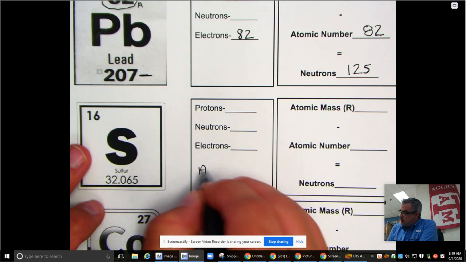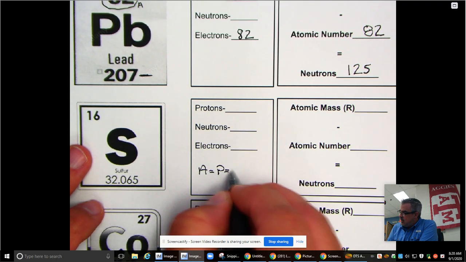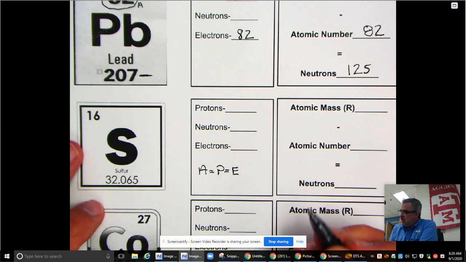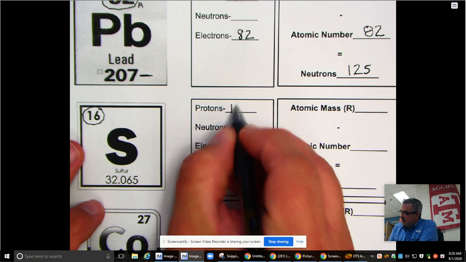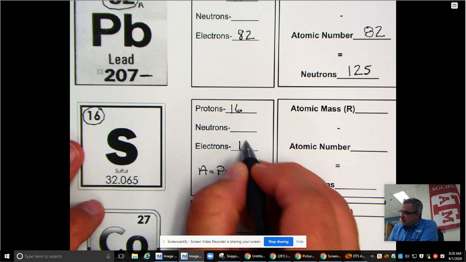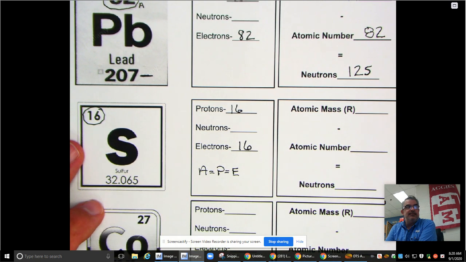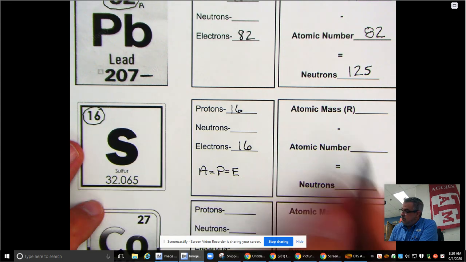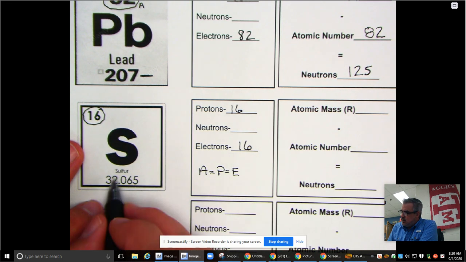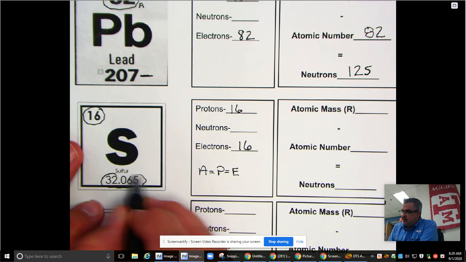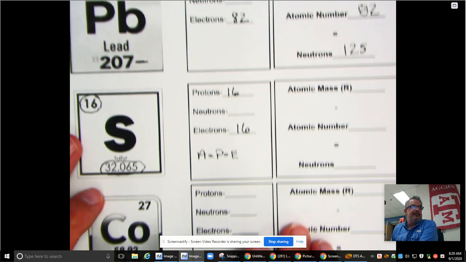Again, A equals P equals E. Here is your atomic number, so that automatically gives us 16 protons and 16 electrons. For the neutrons, we need the atomic mass, and the R means rounded. So here's our atomic mass, 32.065.